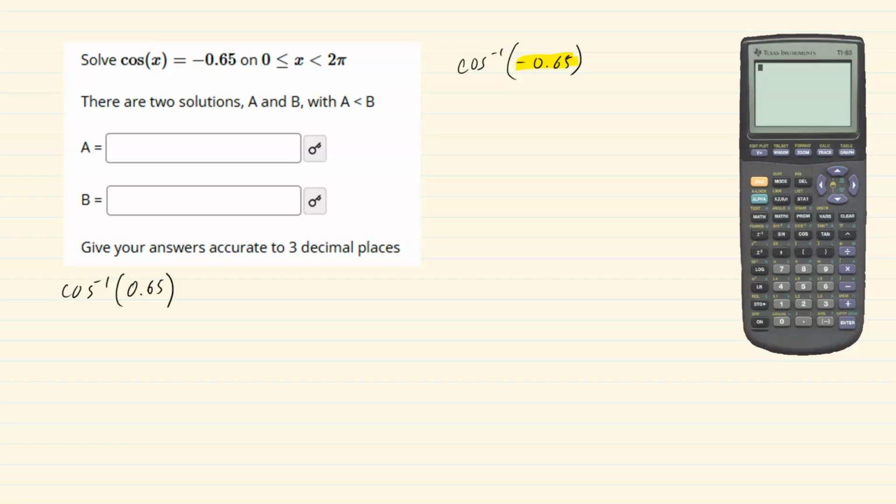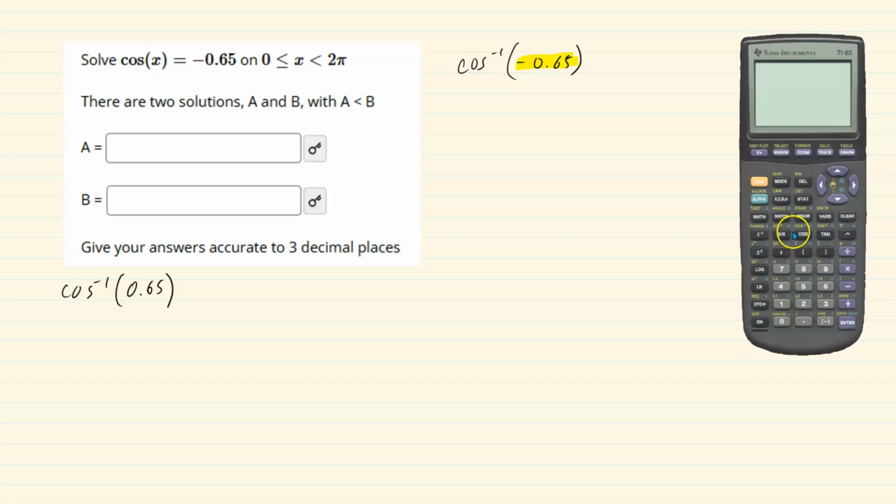And the reason we use 0.65 and not negative 0.65 is because the reference angles are measured from the x-axis and are always positive regardless of the original sign of the cosine value. So with that in mind, let's go ahead and solve for that, which we will get.